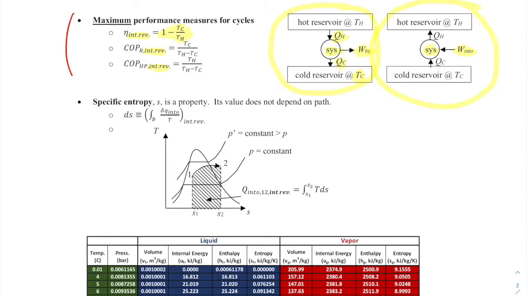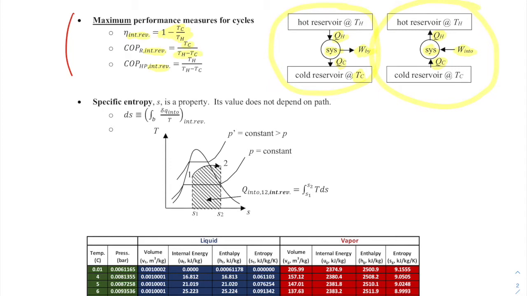We have to put some work into that in order to move the heat from the cold reservoir to the hot reservoir. For a refrigeration cycle, what we're most interested in is how much QC we can move divided by the amount of work that you put into it. And for a heat pump cycle, it's how much heat we can move into the hot reservoir compared to how much work you have to put into the cycle. So again, the maximum performance measures for these, for the refrigeration cycle, it would be the temperature of the cold reservoir divided by TH minus TC.